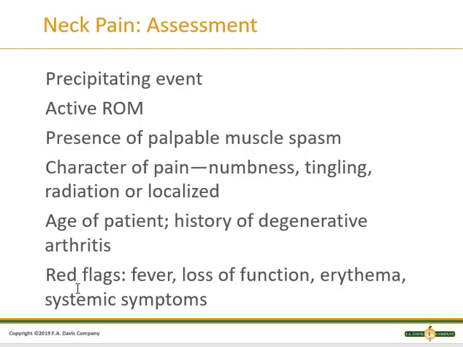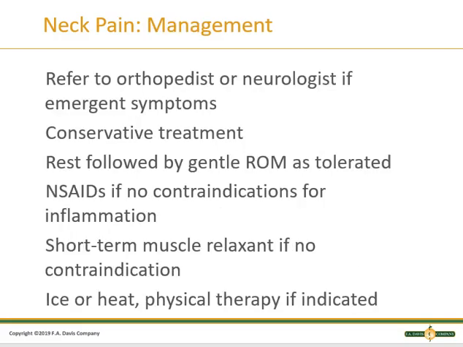You may be able to palpate muscle spasm. Pain may be described as numbness, tingling. It may radiate or it may be localized. It's important to know the age of the patient because you're wanting to assess for any degenerative arthritis. And then we know about these as systemic red flags.